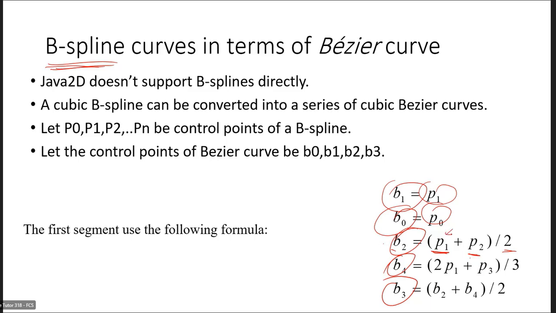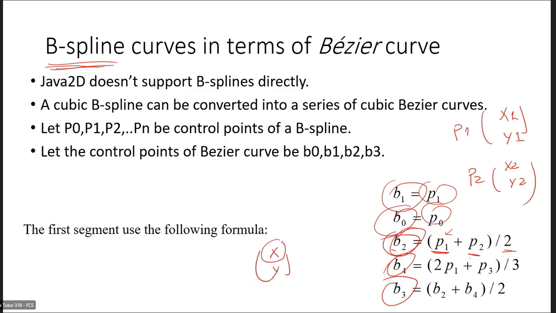Every point, for example P1, has an X component, X1, and a Y component, Y1. Point P2 has X2 and Y2. So how to calculate B2? We have to calculate the X component and the Y component.